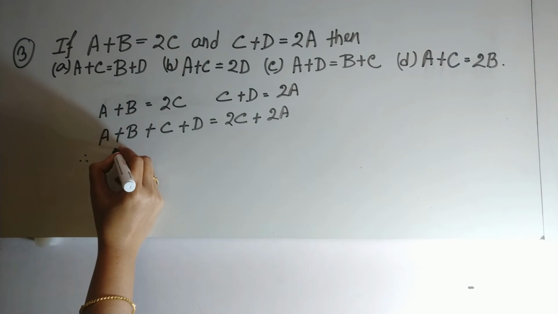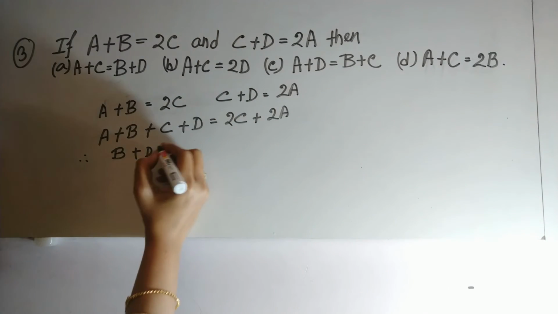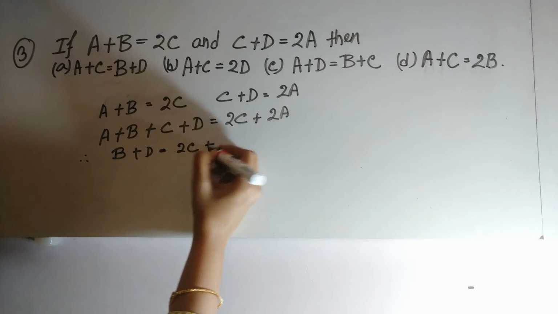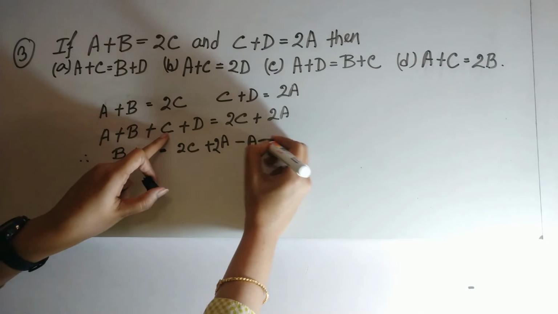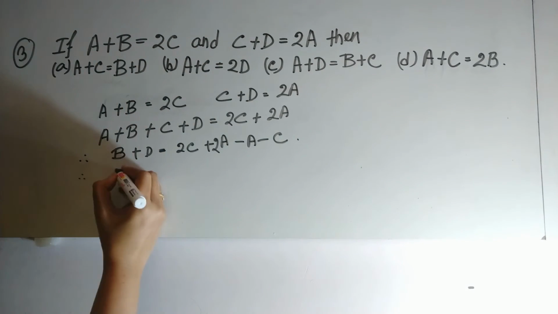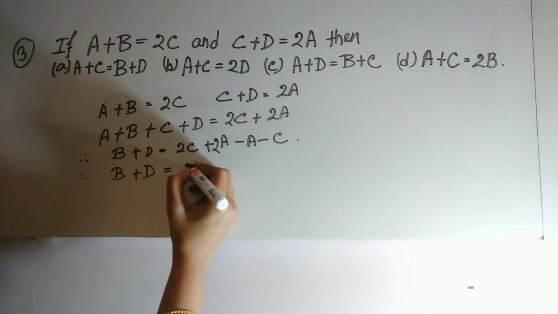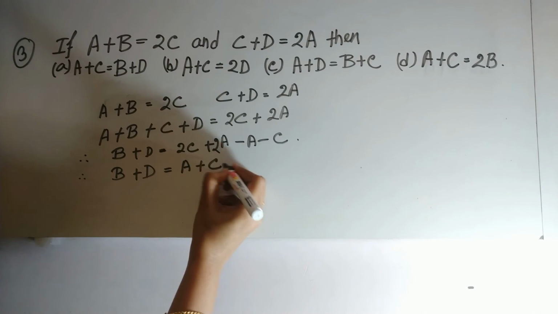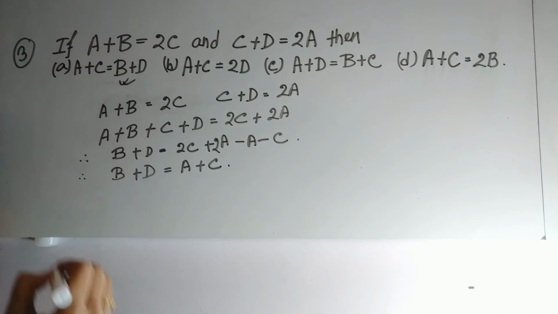Therefore, b plus d, taking a and c to the right hand side, is 2c plus 2a minus a minus c. Therefore, b plus d is equal to a plus c. Therefore, A will be the answer.